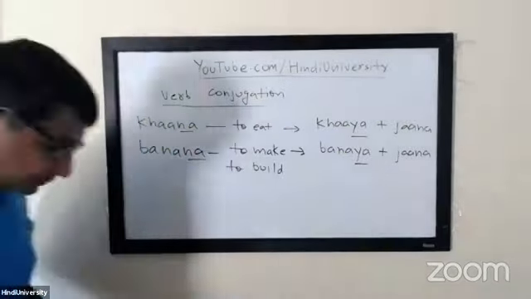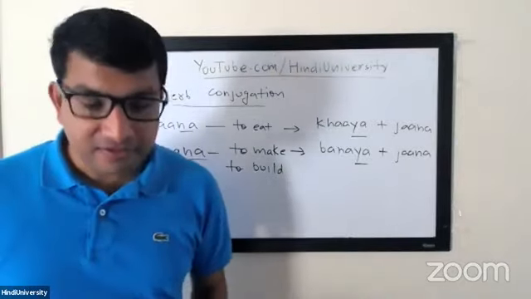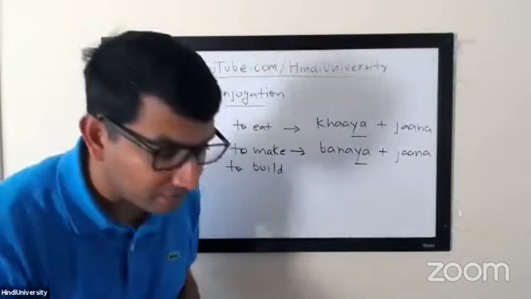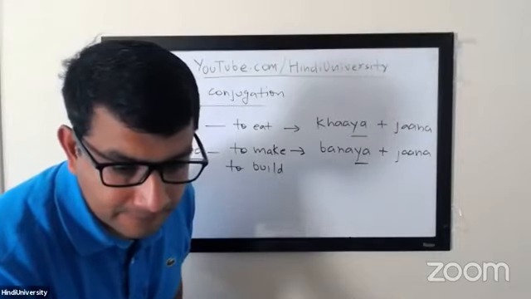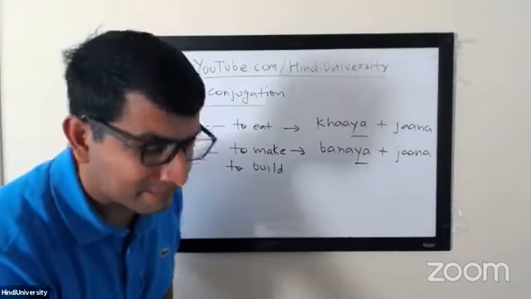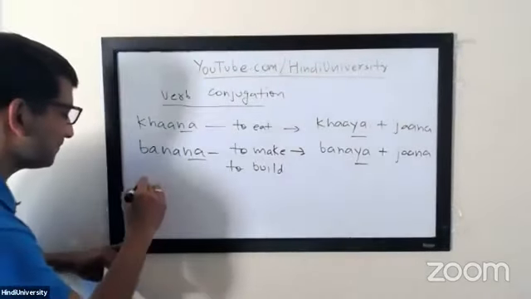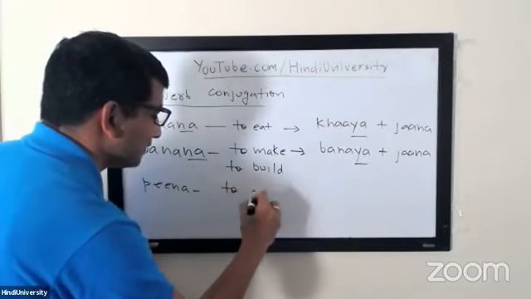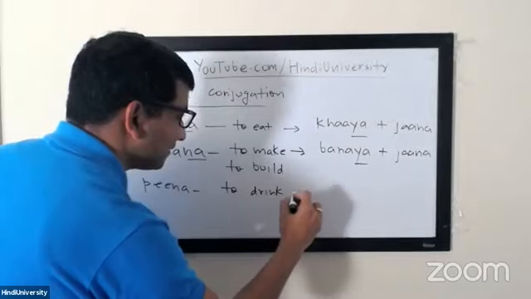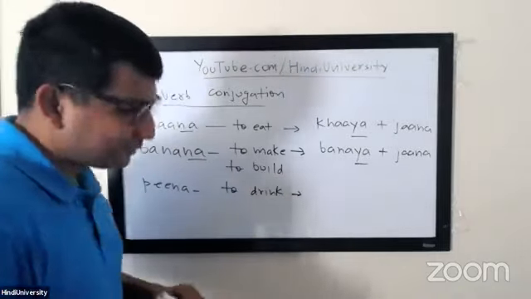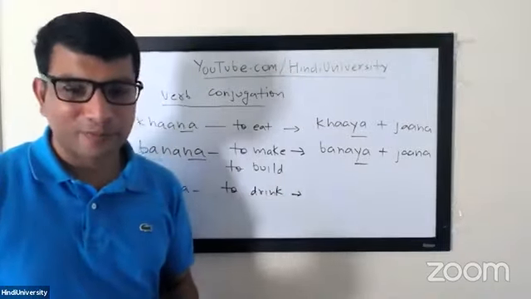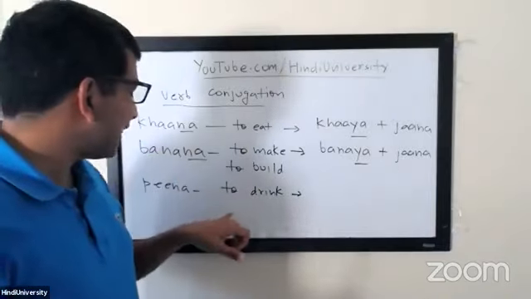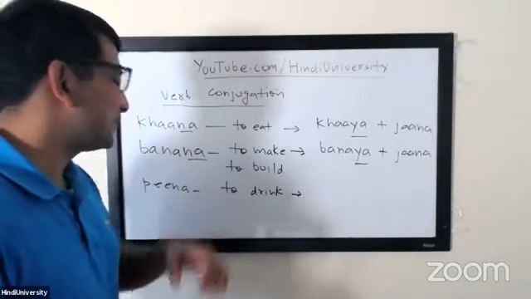Can I ask a question? Yeah. For instance, if we want to create the passive of pina, then we say pia jana. But if the subject is feminine, then do we say pi jati? That's right. That's exactly right. That's the next one I had in my mind. So I'm going to just write it quickly now.